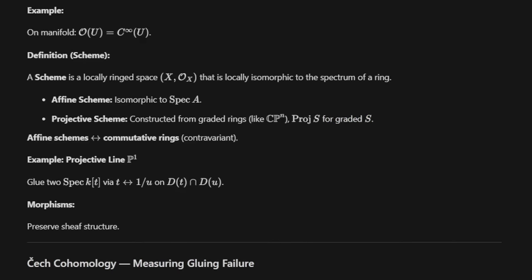Okay. What this then allows us to have is that affine schemes give us a relationship between the commutative rings, which generalizes contravariance.